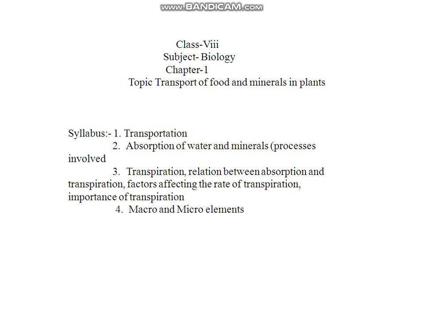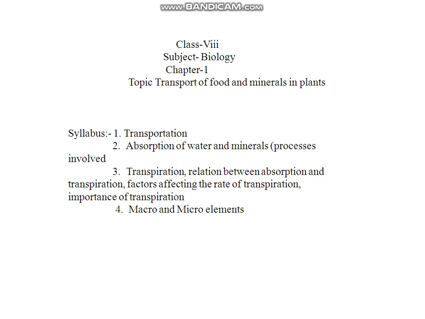Number 2, absorption of water and minerals. Which part of the plant helps in absorption of water and minerals, and the processes involved. That means, what are the processes which help in the absorption of water and minerals in plants.